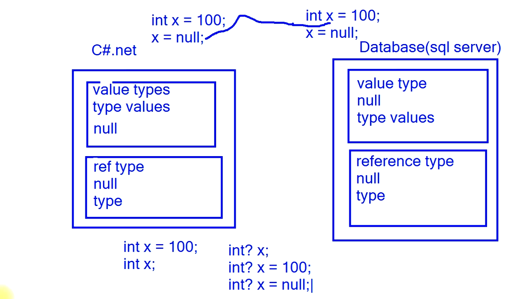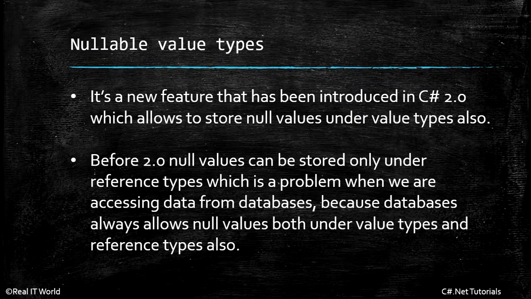So if you want to store null values inside your value types, you need to say int question mark. So x can store typed values and null values also. We call these nullable value types. This is how we can fix that problem.